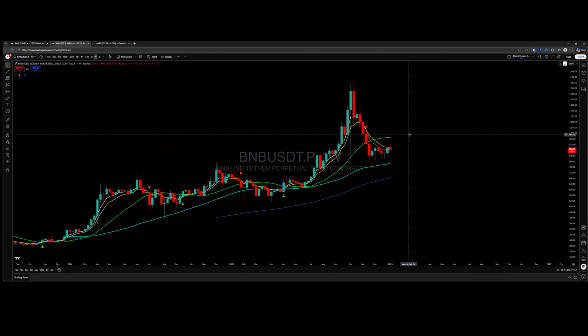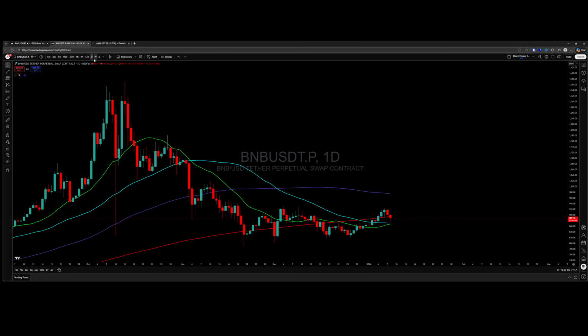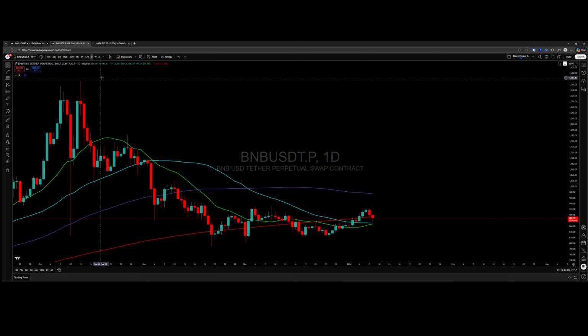Now we have a trading range, right? So we know this is the low end of the range. If this trend down continues, that's our target. If it begins to reverse, the upside is our target. And then you have the confluence on the two time frames.